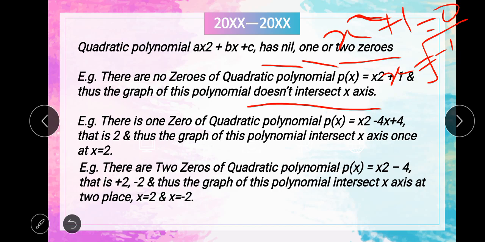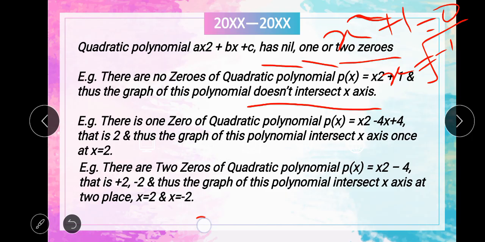There is 1 zero of the quadratic polynomial p(x) equals x square minus 4x plus 4, that is 2, and thus the graph of this polynomial intersects the x axis once at x is equal to 2, because here 2 is the only solution of the given polynomial that satisfies it with 0. There is also a condition when you find 2 zeros of a quadratic polynomial, as in x square minus 4.